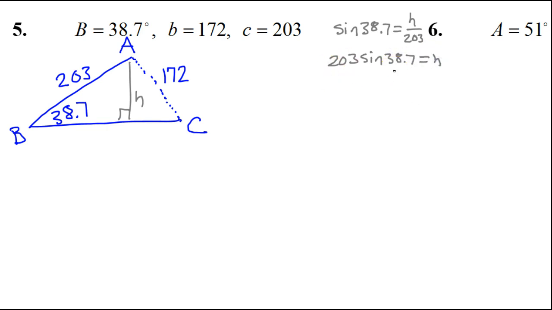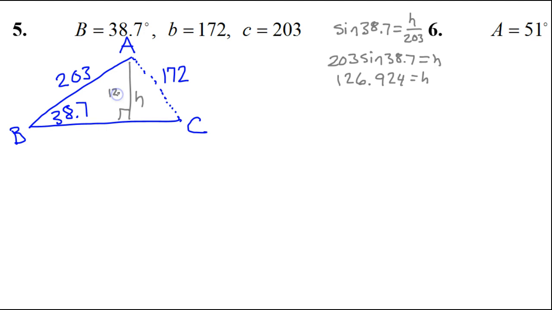Punch this in your calculator real quick. So 203 sine 38.7. I'm getting 126.924 is equal to my height.